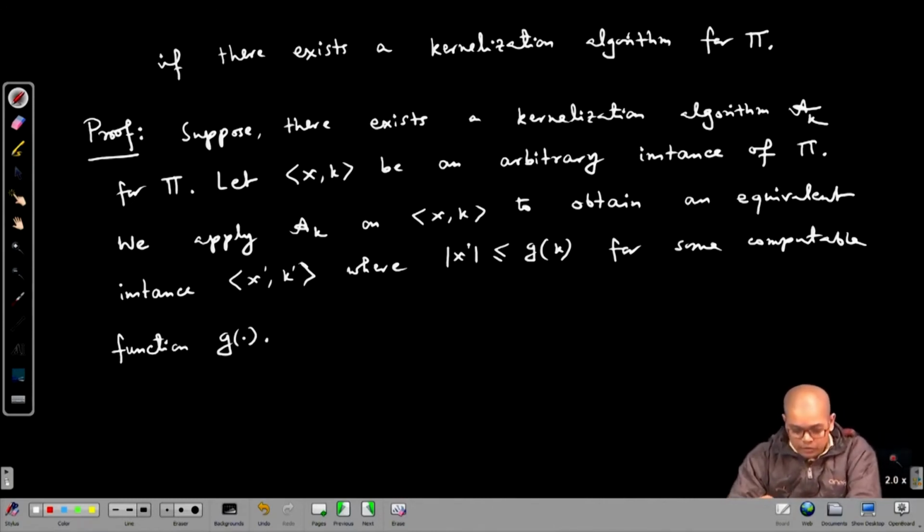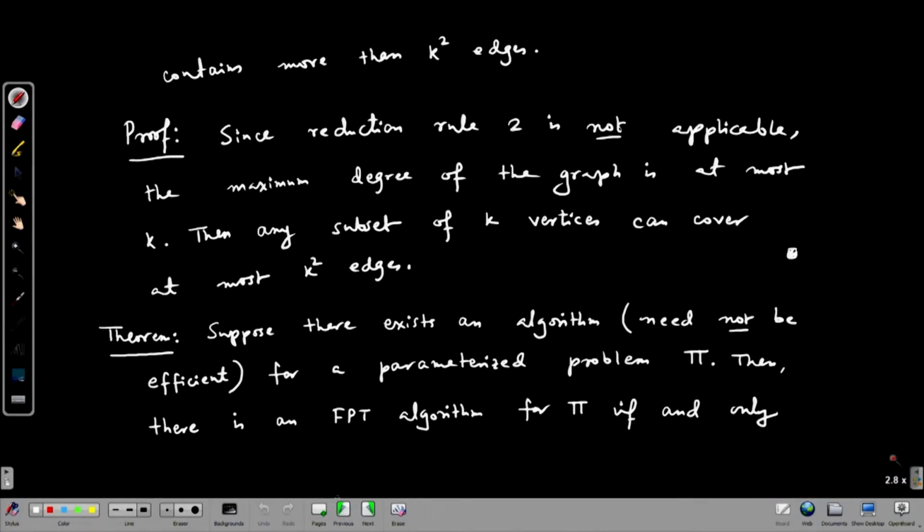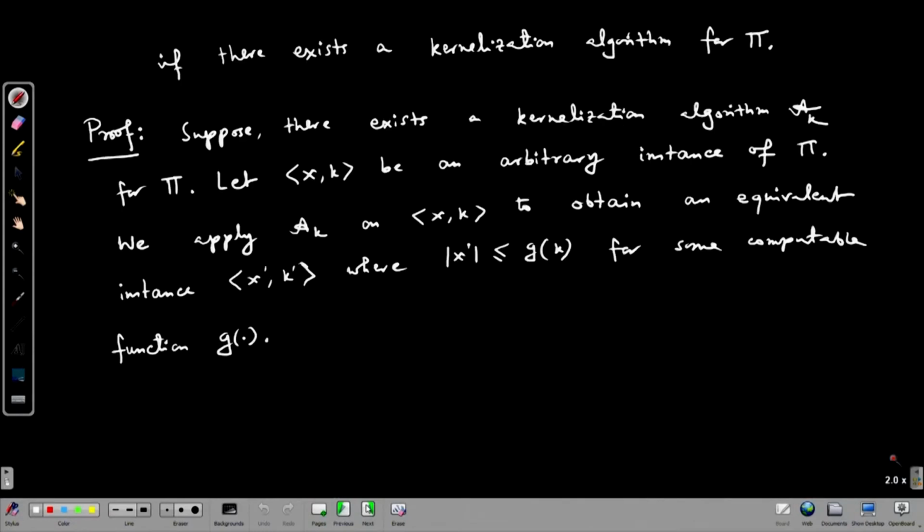Now we use the assumption that there exists an algorithm, need not be efficient, need not run in polynomial time, but there exists an algorithm for the problem.